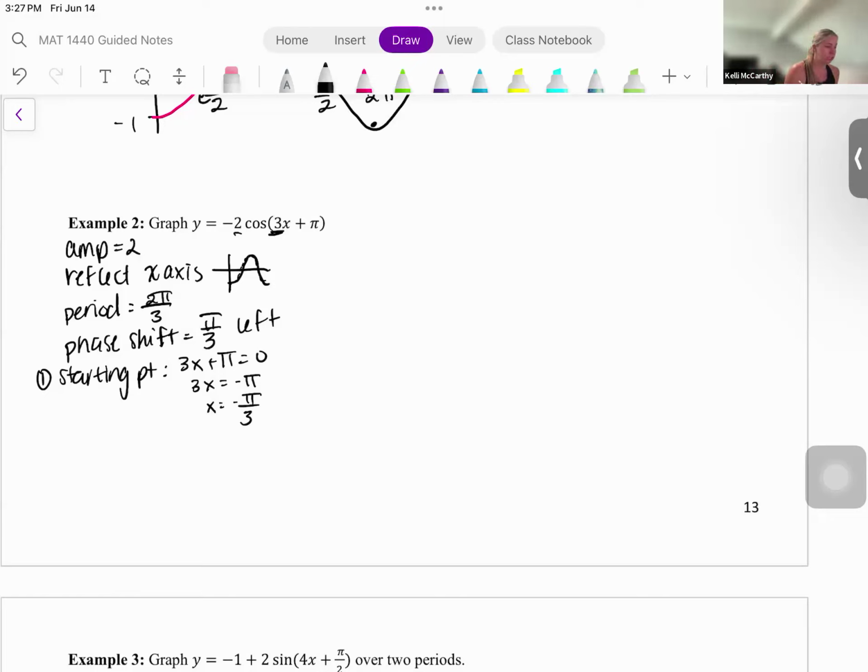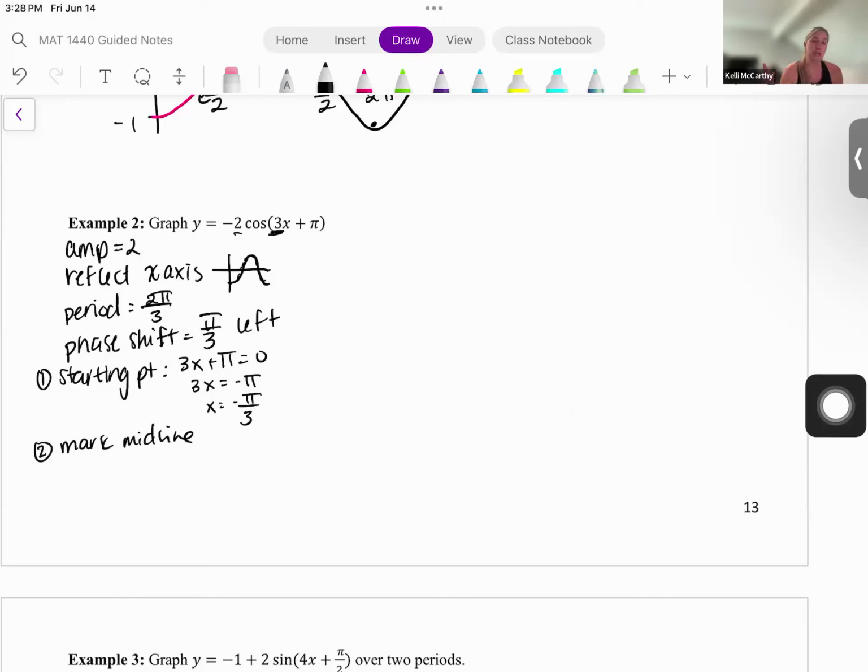The next thing we're going to do is mark the period from our starting point. Actually, what we will do in future examples is we'll then start marking the midline of our graph. Because we do not have any value added or subtracted, our midline is still going to be 0.